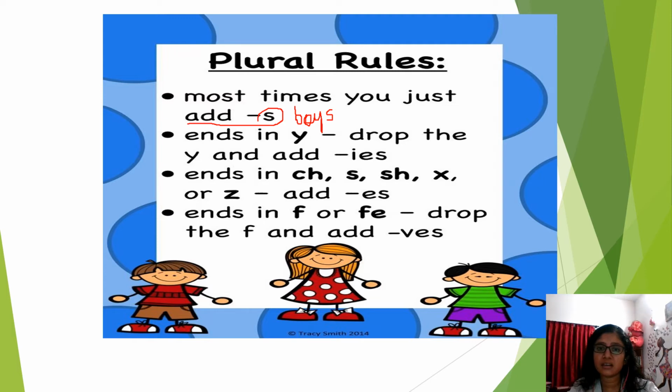So if I'm writing toy, this is a noun, and we cannot write toies, because the letter before y is a vowel. At that time, you just have to add s here. If your noun is ending with y, but the letter before y is a vowel, then you don't replace it with ies, you just put s. Other than that, if some words are there, you just have to add ies to it. As I said, I'll show you many examples for that.